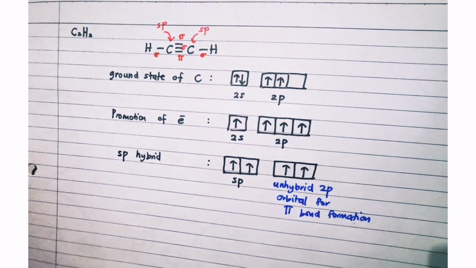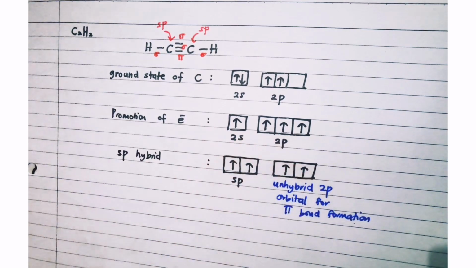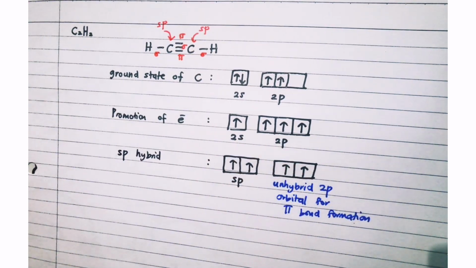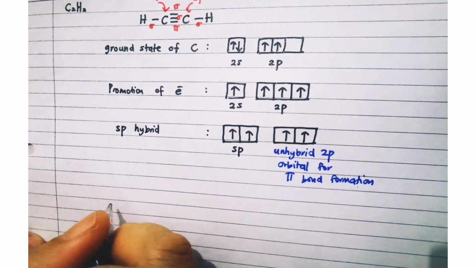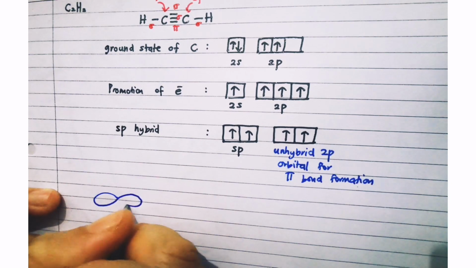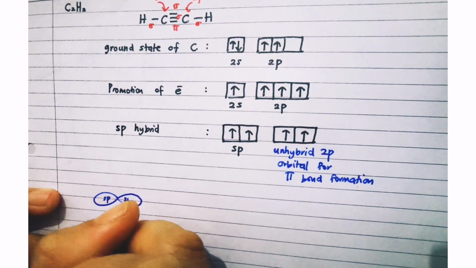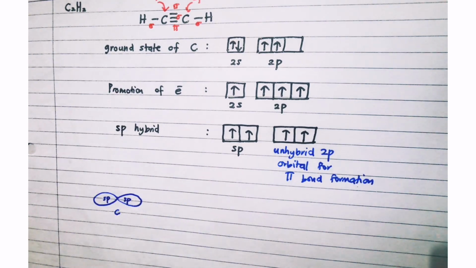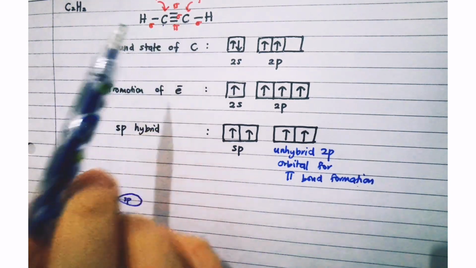Now let's draw the sp hybrid of this carbon first. Sp, the shape is linear, so this is our first carbon, sp, sp. Next, we will show the sigma bond between this carbon and this carbon first.